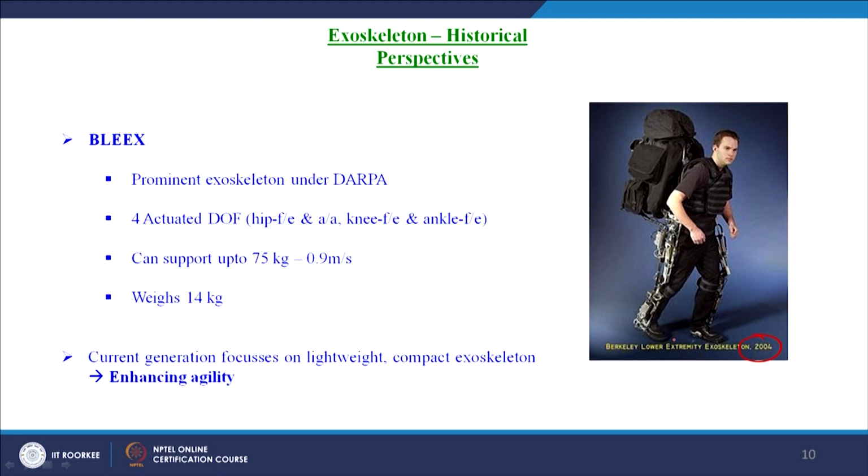And now coming to the BLEEX exoskeleton, which was developed in the year 2004, and this is one of the prominent exoskeletons under the DARPA program of the US government. DARPA means the Defense Advanced Research Projects Agency of the US government.